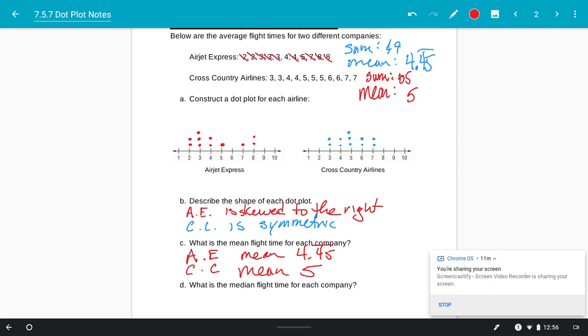And I'm going to get, for Airjet Express, the median will be 4. And then I'm going to cancel out for cross-country airlines, crossing out left and right, working my way into the middle. For cross-country airlines, the median is 5.